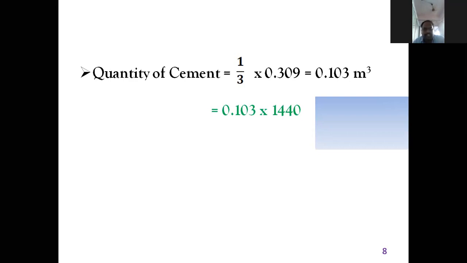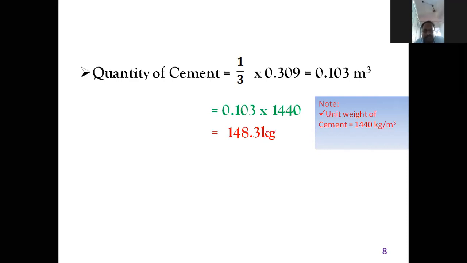Now we need to convert into kg. Cement will be taken in bags. One bag is equal to 50 kg. The density, or unit weight, of cement is 1440 kg per meter cube. So I multiply 1440 into 0.103 and get 148.3 kg.